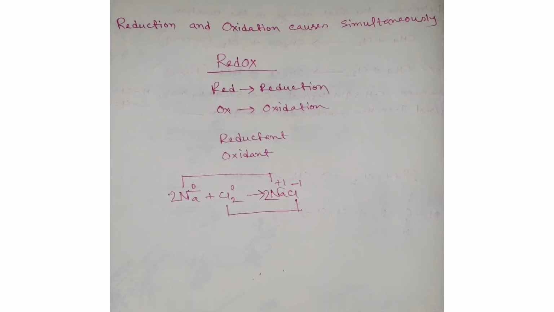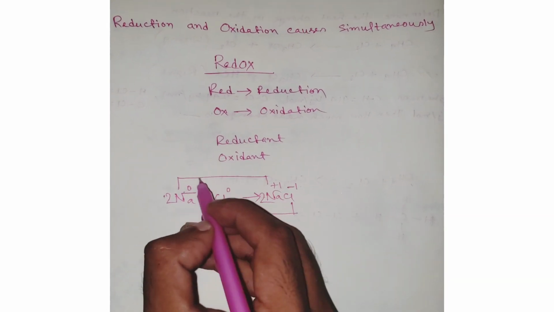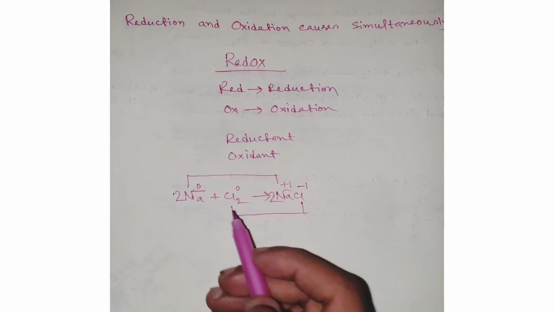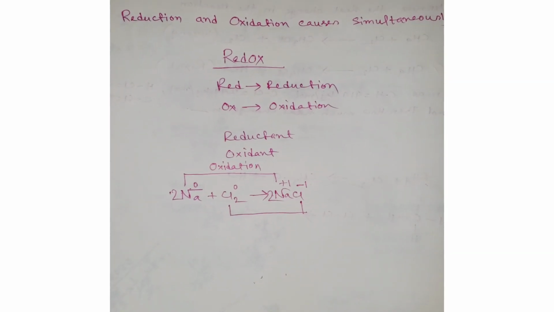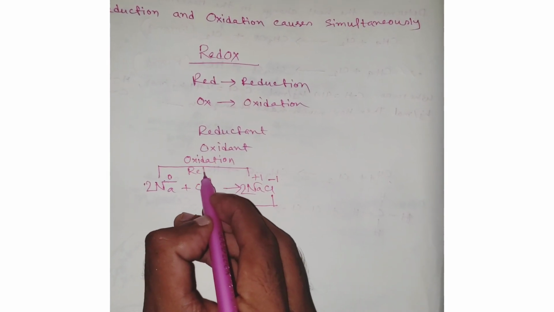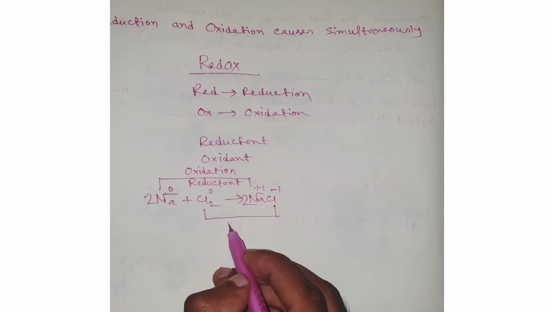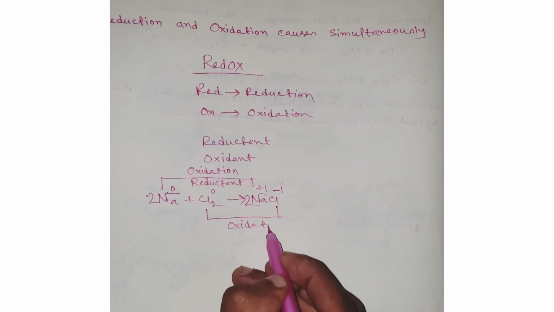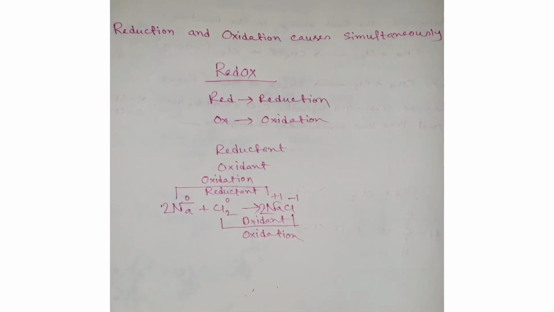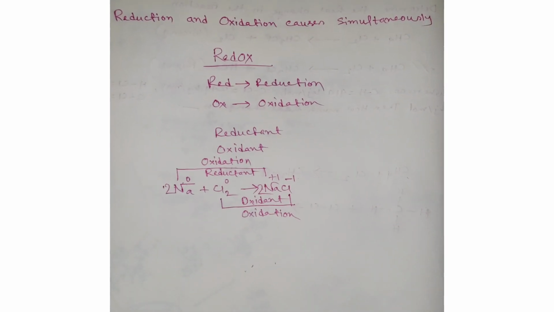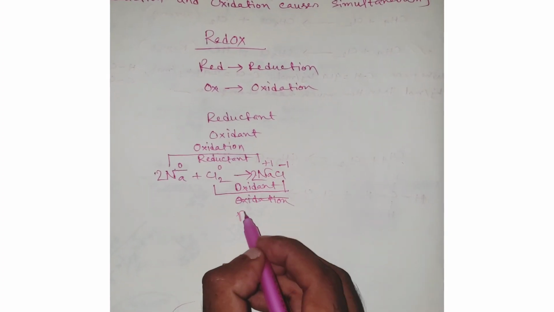From the formula I mentioned, sodium undergoes oxidation, and sodium is the reductant. In the same way, chlorine undergoes reduction, and chlorine is the oxidant. So the reductant causes oxidation and the oxidant causes reduction.